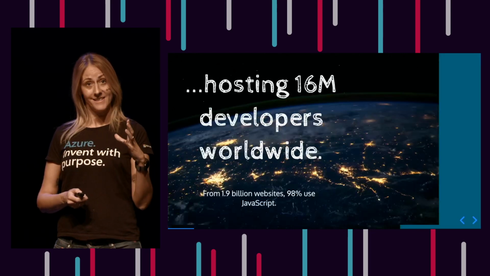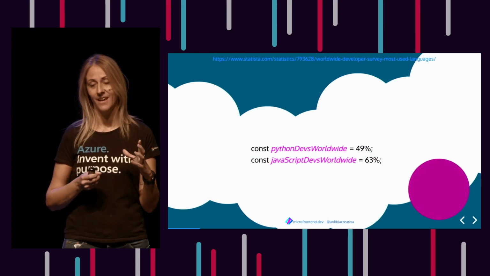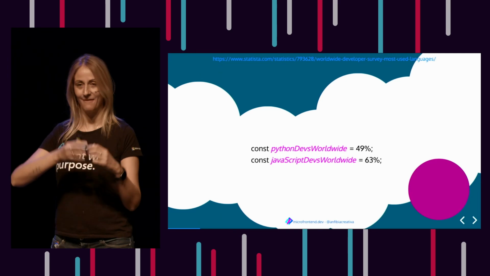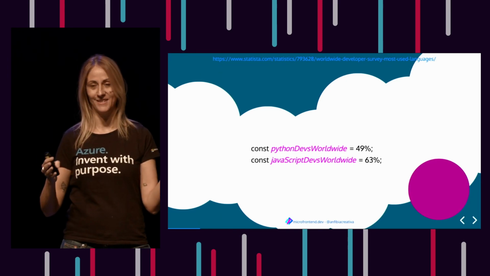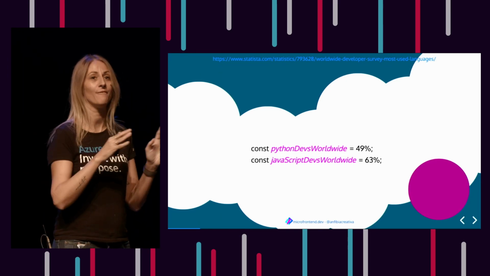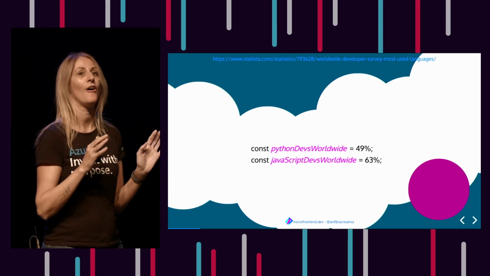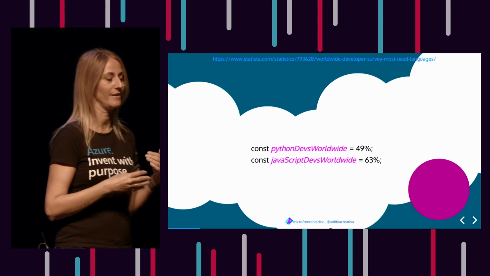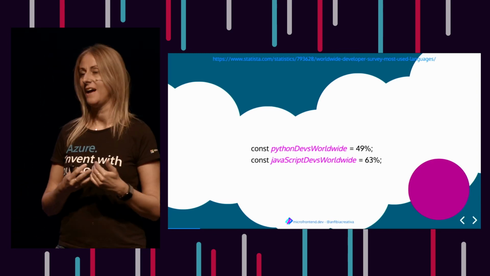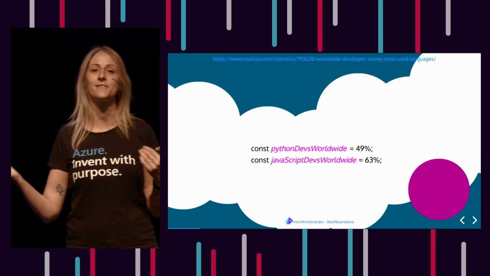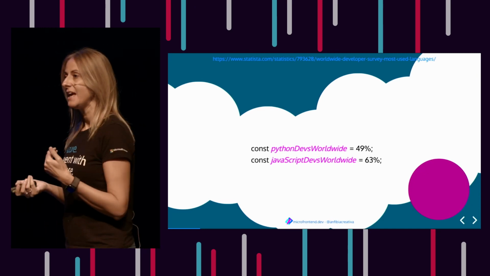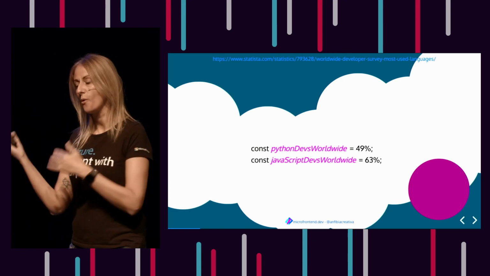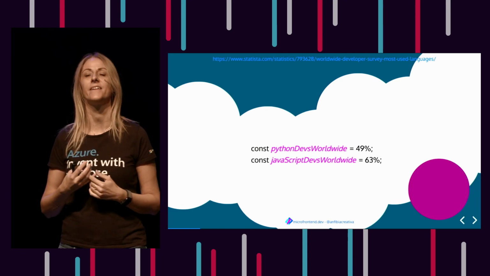But the fact that it's high level, and because of that, again, I have some stats. 63% of developers have admitted to have coded JavaScript over their developer lifetime, as opposed to 49% Python. It has some cons or some drawbacks that we're going to discuss later.